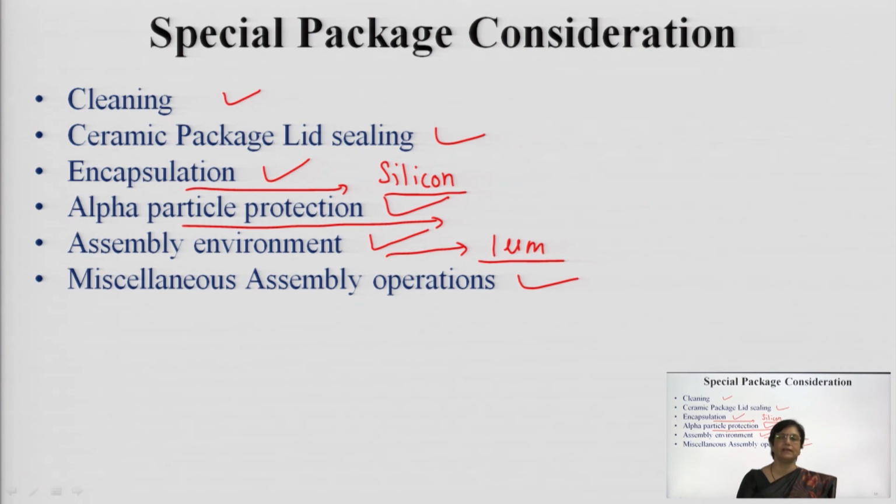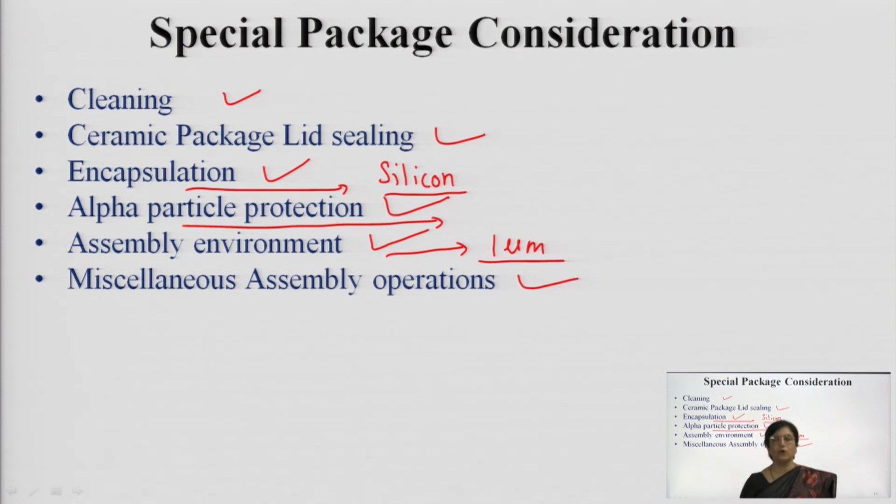So you have to ensure that the environment is clean and does not have any particles of size 1 micrometer or higher, which can affect the operation and compromise the reliability. And lastly, miscellaneous operations.